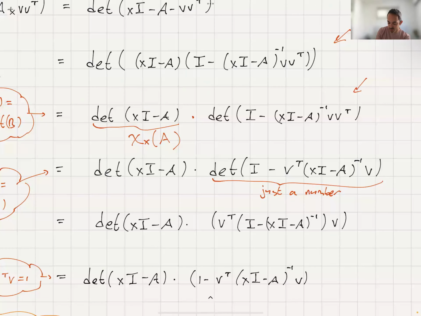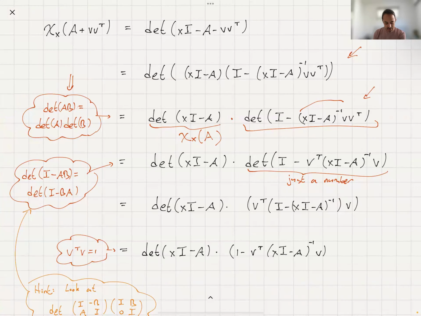So let's consider the right expression here. You have I minus some matrix, let's not worry about what that matrix is precisely now, but let's focus on the fact that it's multiplied by VV transpose.